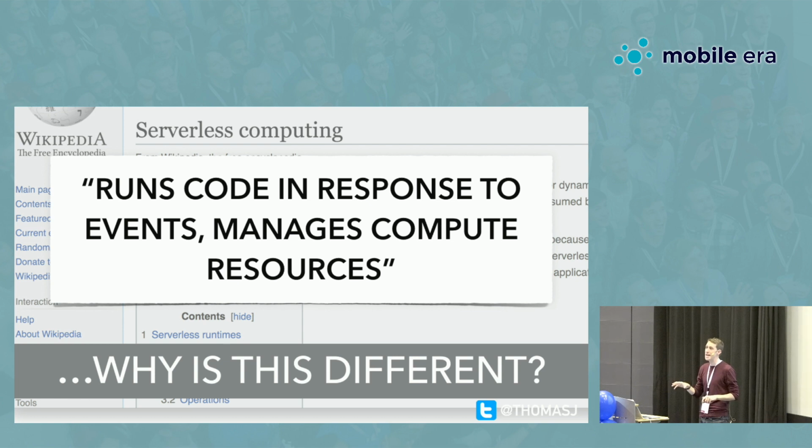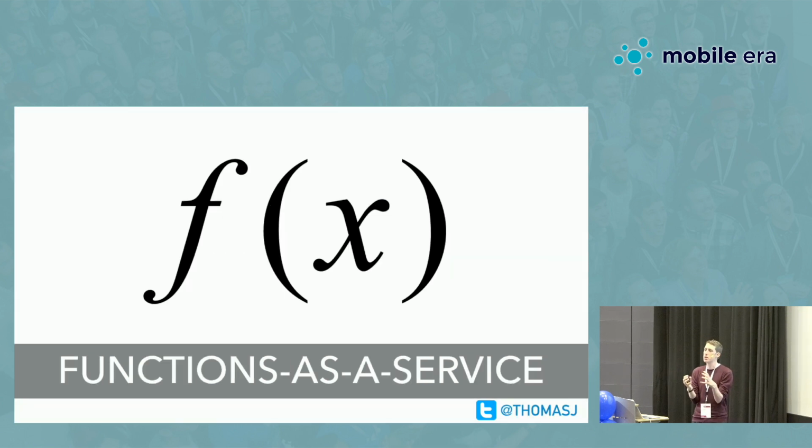But serverless is different, and it's different, I think, for a couple of main reasons. The first is that it shrinks the unit of deployment. Once you've written your code, rather than having to wrap it in a framework, in a deployment package, inside a container image, which you put on some kind of orchestrator on a VM and all this kind of stuff, serverless cloud platforms literally allow you to push the raw code straight into the platform, and then have it execute on demand to process requests as they come in.